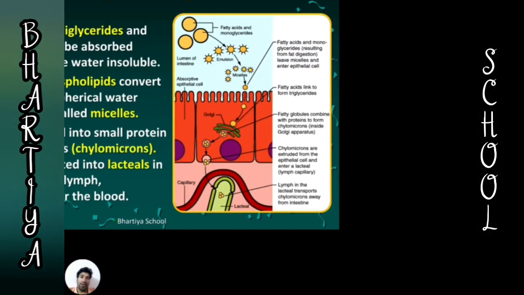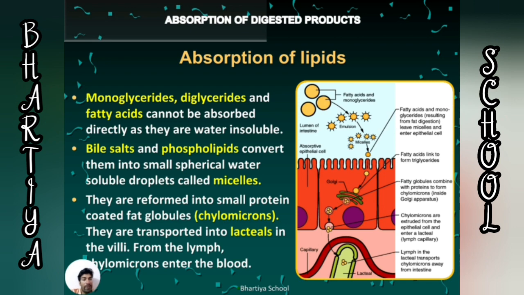In this way, the absorption of lipids takes place. Lipids are first converted into monoglycerides, and after they enter the epithelial cells of the small intestine, they are reconverted into triglycerides, packed into a protein coat, known as chylomicrons, and transported into the lacteals. In this manner, the absorption of lipids or fats takes place.